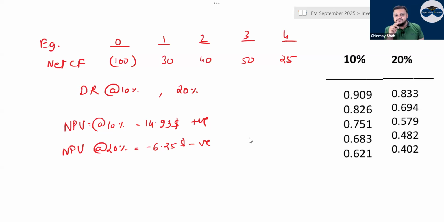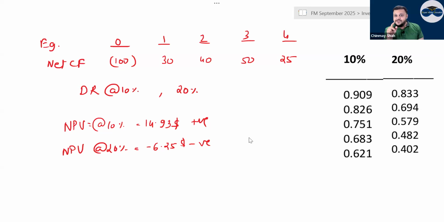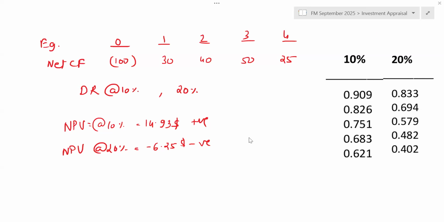Then press is equal to twice. Again M plus. Then 50. Nothing in between. 50 is equal to thrice. Press M plus.